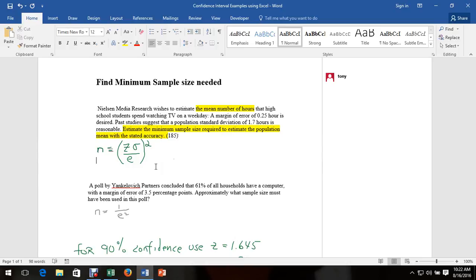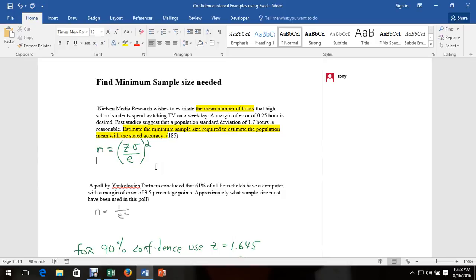And so your answer could be a little different than mine, but nevertheless, it's z sigma over E all squared.